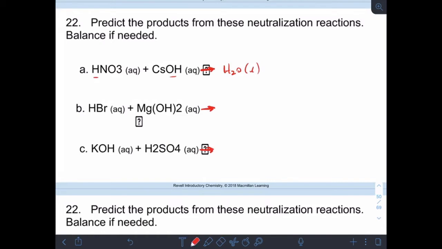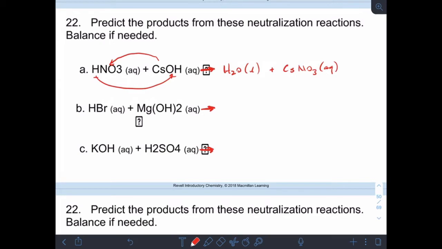So I can treat them just like a double displacement. I can take my cesium and put it with my nitrate, and I take my hydrogen and put it with the OH. So that's how I get the water. H plus OH makes H2O. And then cesium is a 1 plus, and nitrate is a 1 minus, so I get cesium nitrate. And all nitrates are soluble.